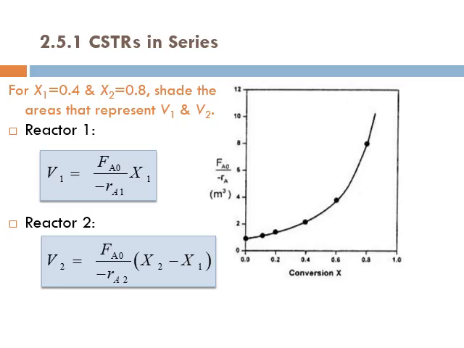Okay, for x1 equals 0.4 and x2 equals 0.8, shade the areas that represent V1 and V2. So let's do that together. For the first reactor V1, the width is actually x1, which is 0.4.